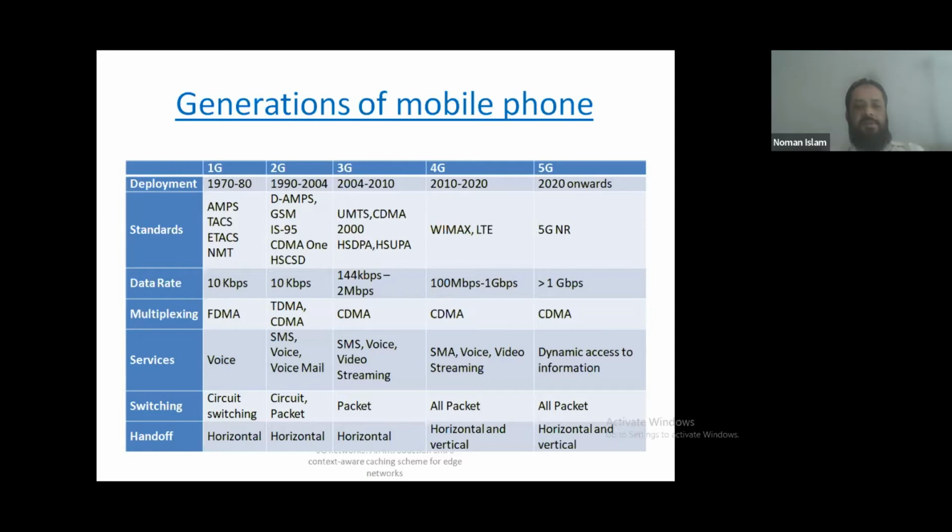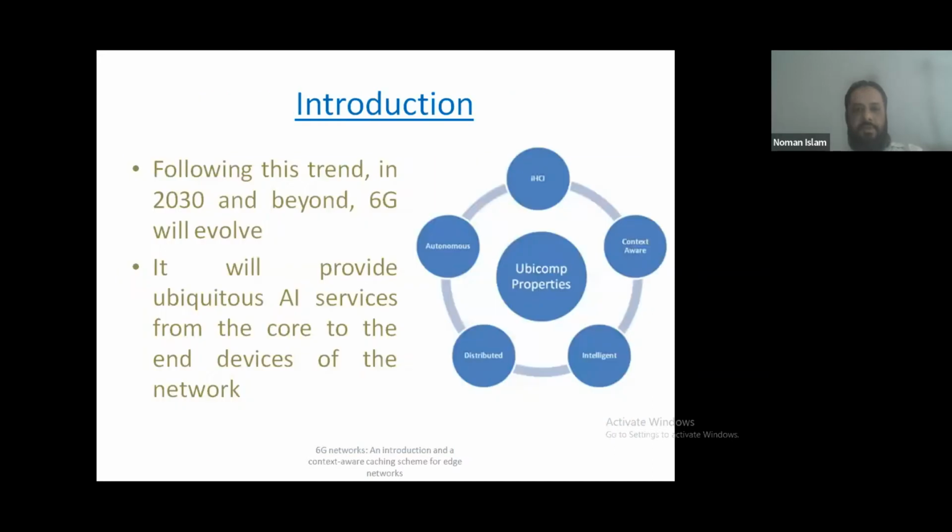Then switching technology: earlier we were using circuit switching, and then we have packet switched networks. Similarly, for the handoff mechanism, earlier we had horizontal handoff, now we have vertical handoff. Following this trend, we are anticipating that 6G will emerge and provide ubiquitous connectivity in which everything around us will be connected. We will be provided seamless connectivity.